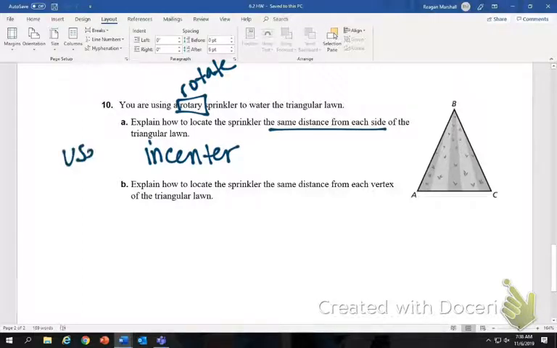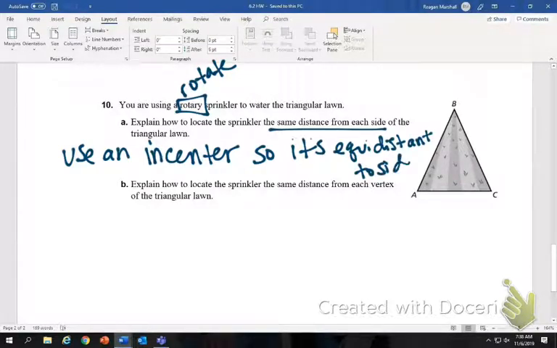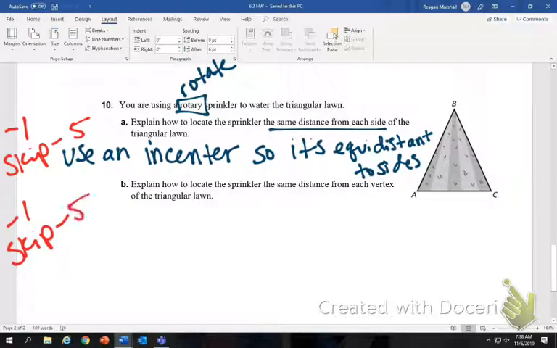So use an incenter, so it's equidistant to the sides. So if they got that wrong, it's minus 1. If they skipped it, this one will be minus 5. Same thing on part B, minus 1 if they got it wrong. If they skipped it, it's minus 5.